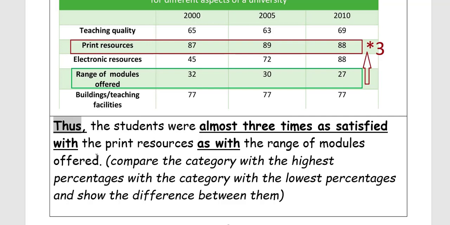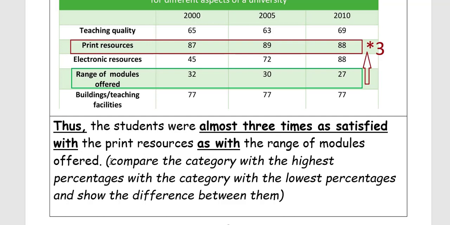therefore, the students were almost 3 times as satisfied with the print resources as with the range of modules offered. So if you look at the percentages, we can see a 3-fold increase here, and therefore you should say 3 times as satisfied as.